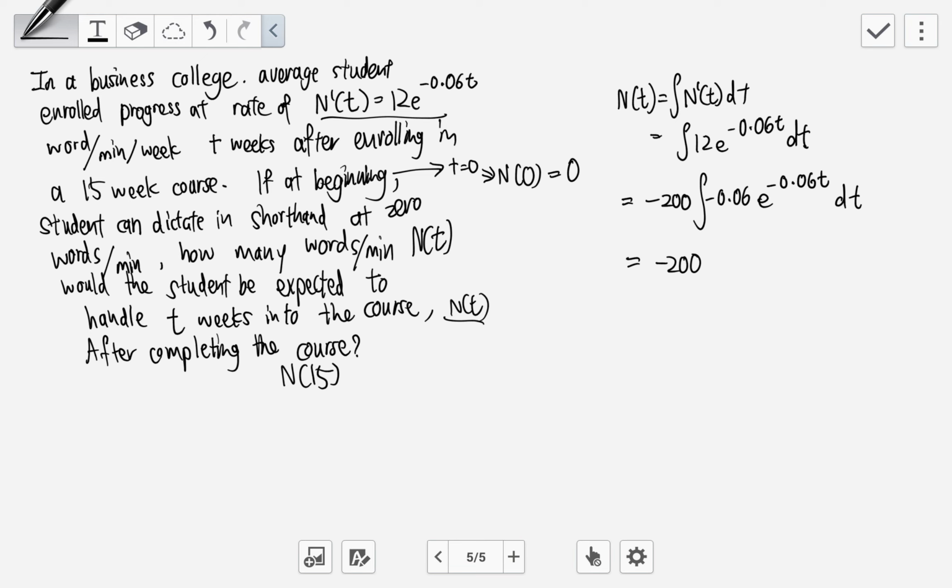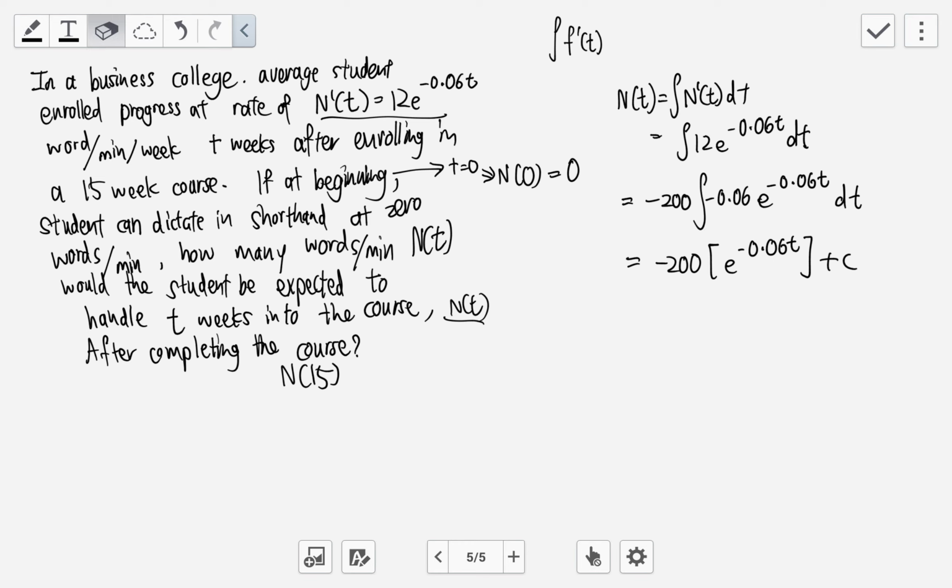So this would give me minus 200 e^(-0.06t). Oh no, there's no dt, sorry, just this plus c, still using the formula earlier, this formula for exponential e^(ft) dt.